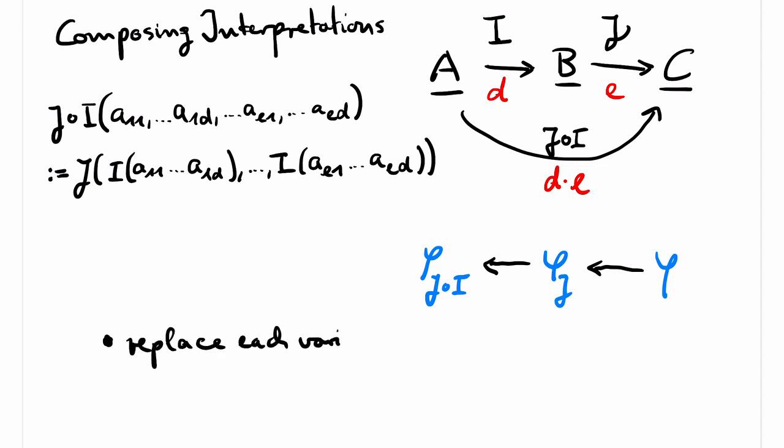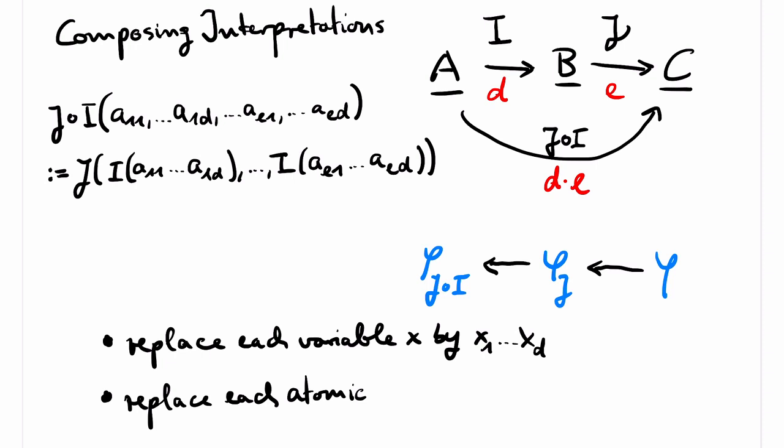Each variable x will be replaced by d new variables x1 up to xd. Each atomic subformula psi will be replaced by psi_I. If phi has k free variables, then phi_J composed with I has k times d times e free variables. And it is easy to check that this is a defining formula for phi in A with respect to J composed with I.